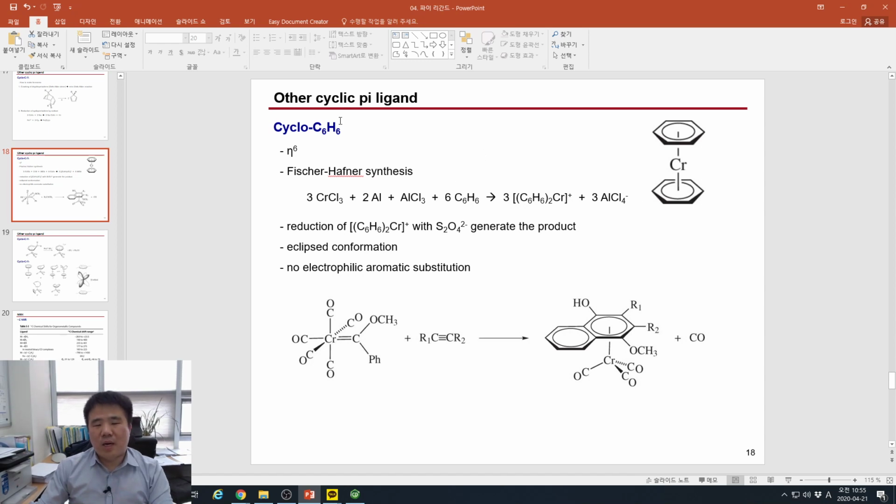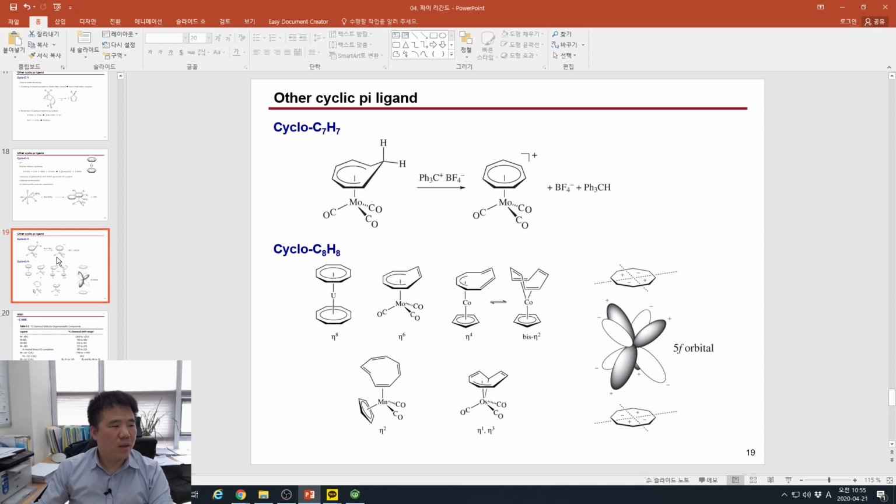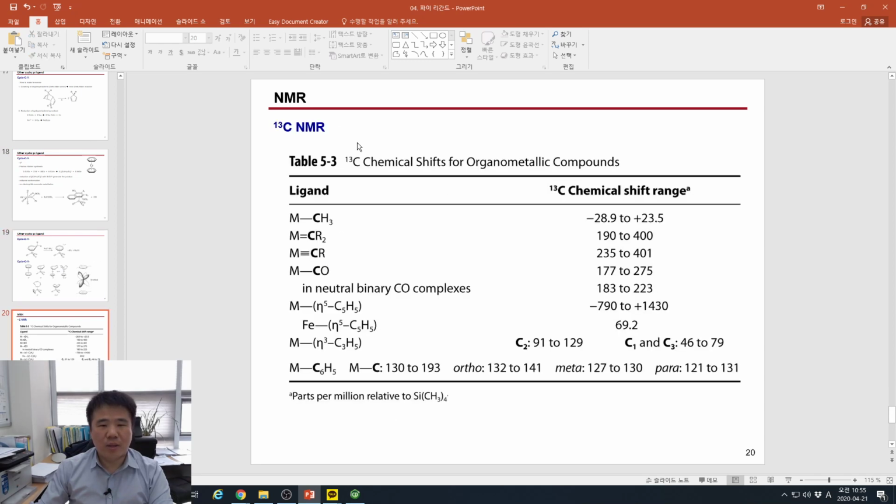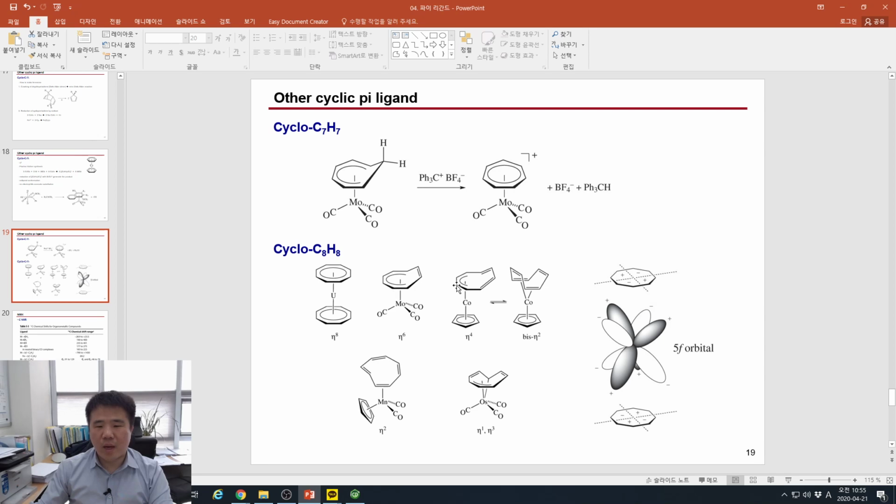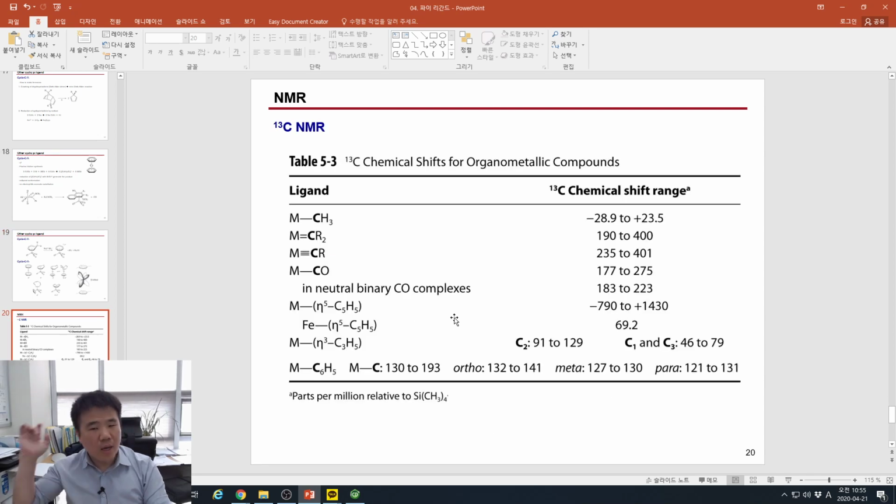Okay, other cyclic pi ligands, benzene, and you can think of 7-membered, 8-membered. Okay, I want to talk about NMR. Just carbon NMR of ligands bound to a transition metal. If you think about carbon NMR, this carbon is shielded by the transition metal.